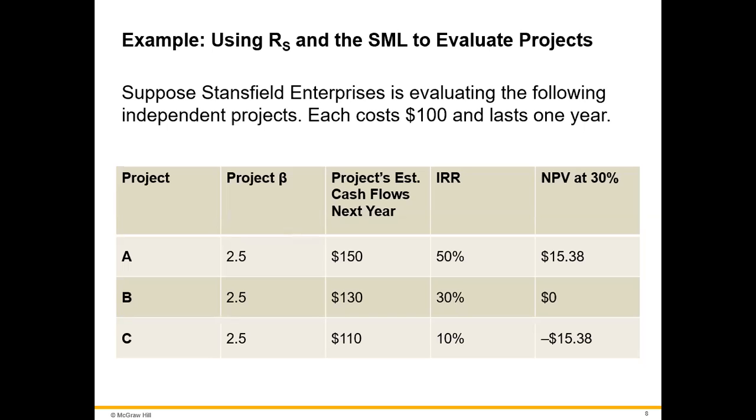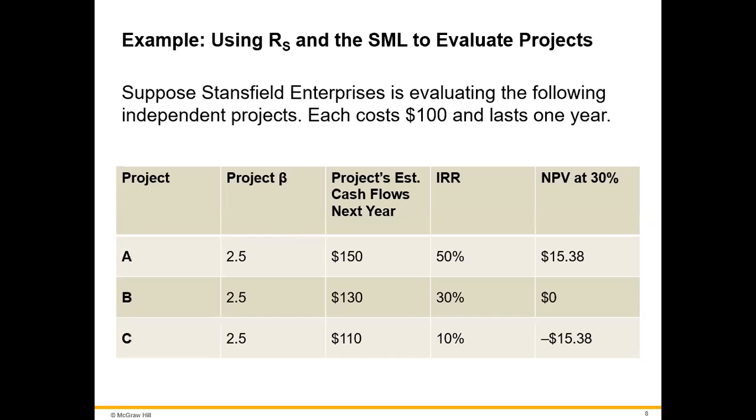When the internal rate of return is above our required rate of return, that's normally what happens. But in B, it equals 30%. So it's at 0 net present value because the cost of capital, 30%, equals the internal rate of return. But then when the internal rate of return is at 10%, notice our net present value is negative.